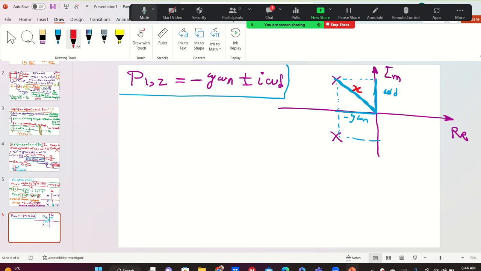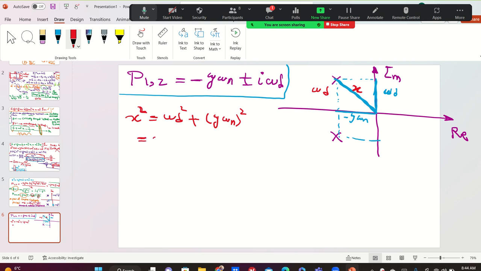hypotenuse. So from kindergarten, you know that x squared is omega d squared plus zeta omega n squared, right? Because here also is omega d. Everybody agree?